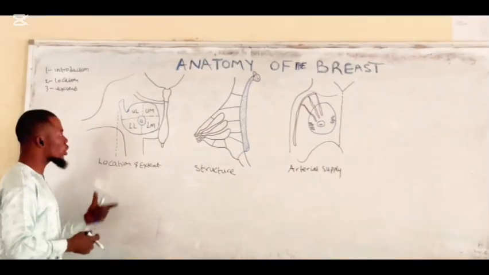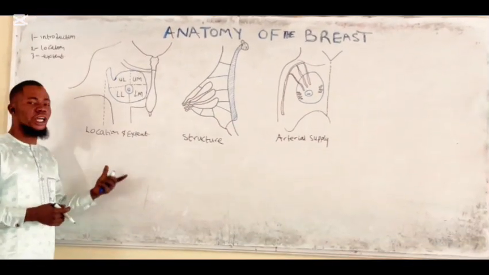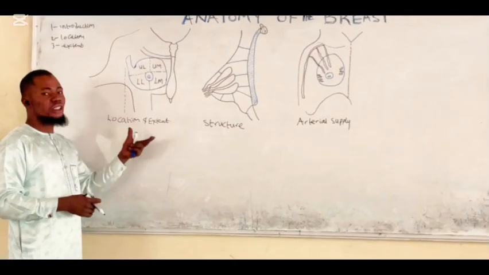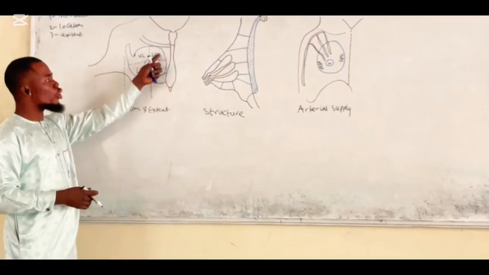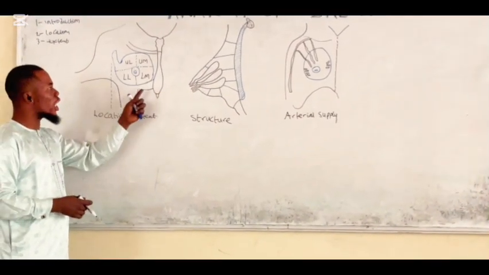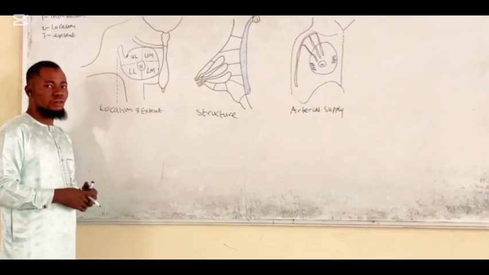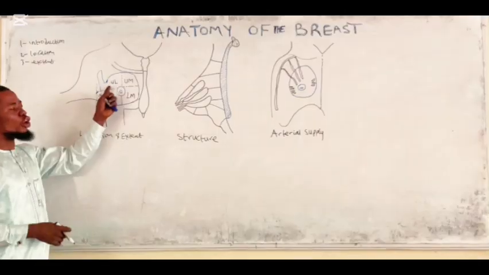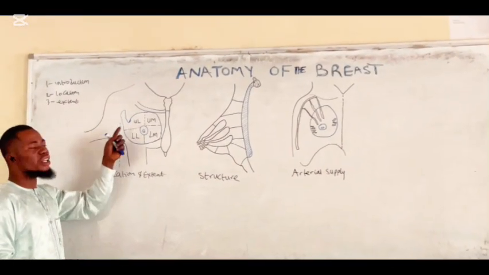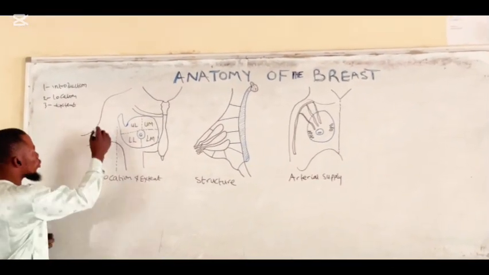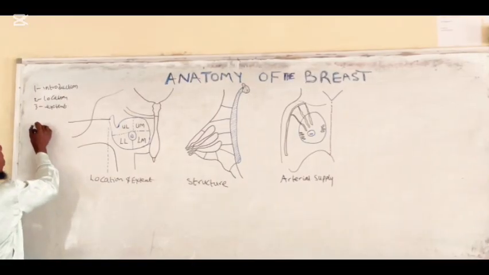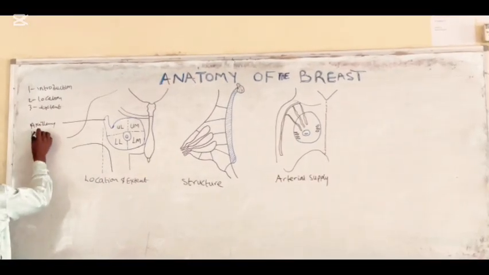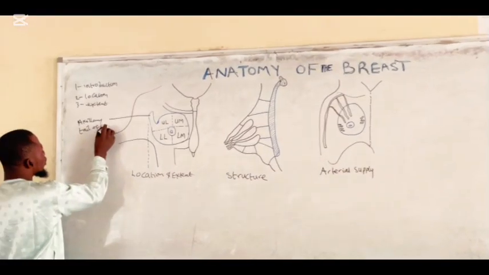Looking at this structure here, it shows us the location and extent of the breast. We said that the breast has 4 quadrants: the upper lateral, the upper medial, lower lateral, as well as the lower medial. There is an extension that is present in the upper lateral, which we call axillary tail of spines.